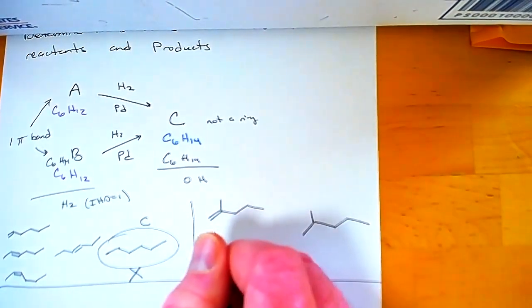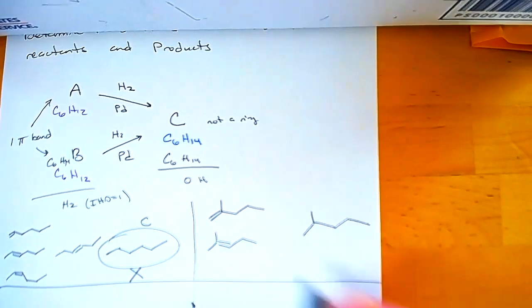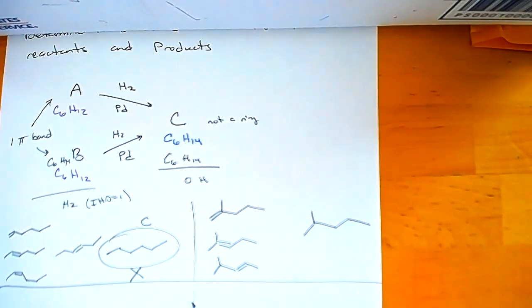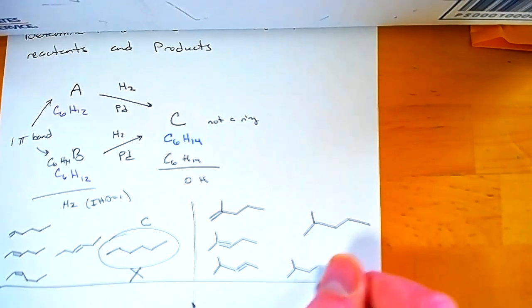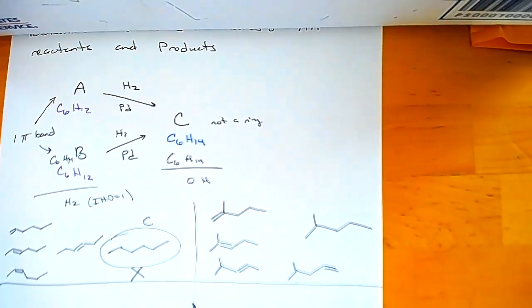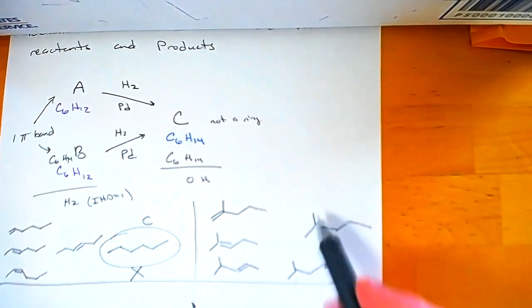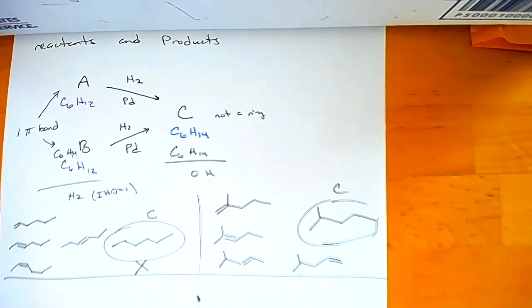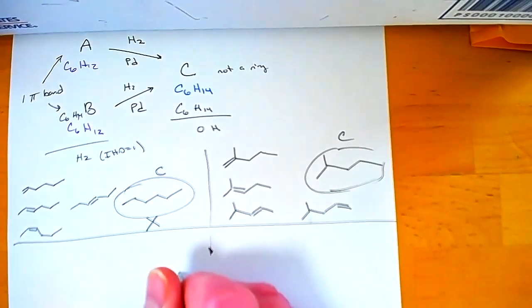You could also have the double bond here, or all the way out at the end. And I'm not even bringing in the trans possibility here. Again, not really too many possibilities, so let's try another one.